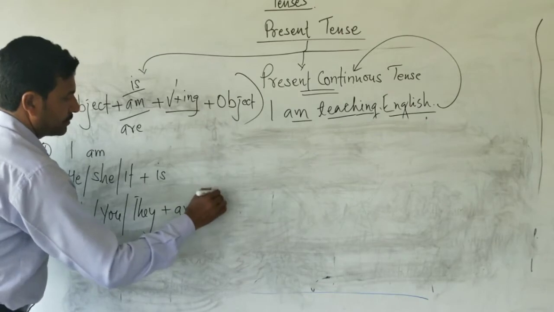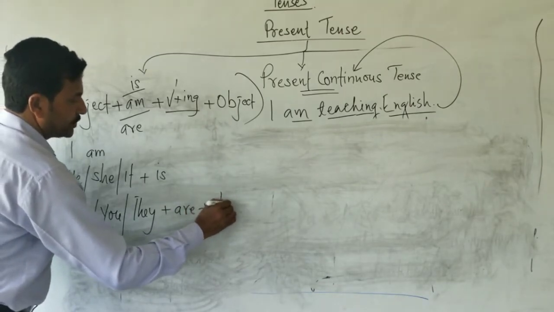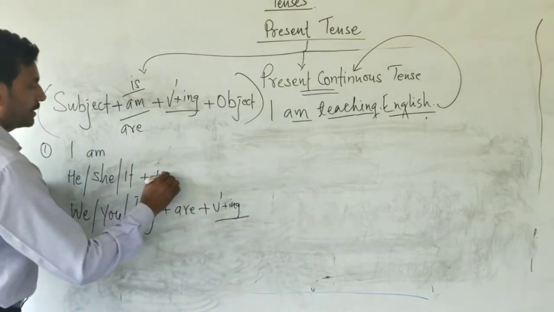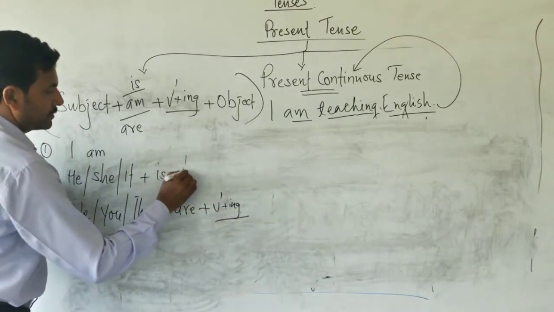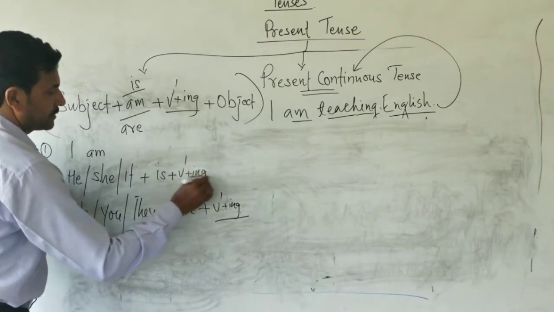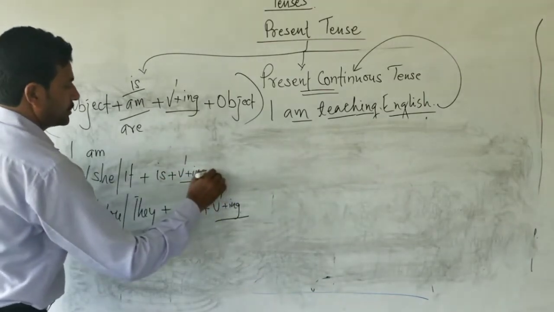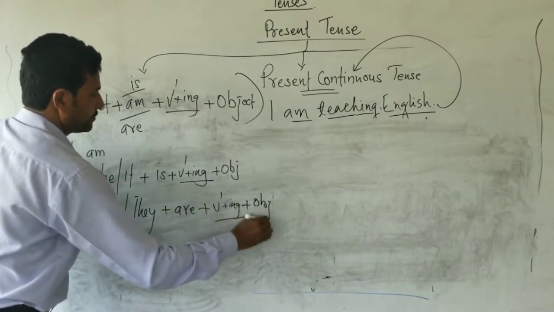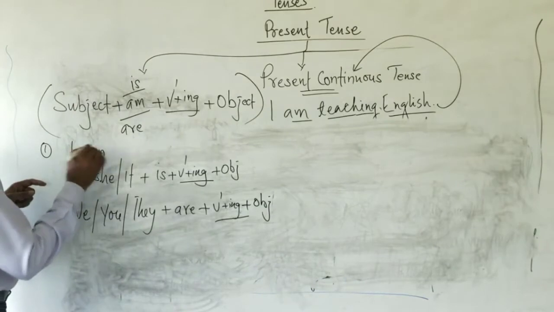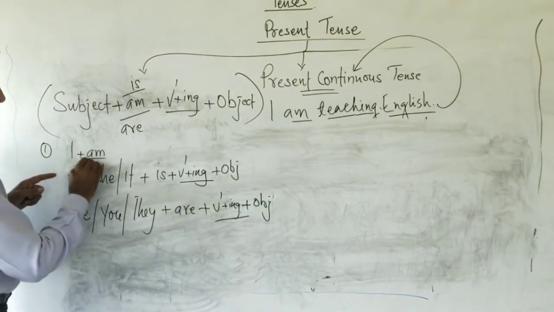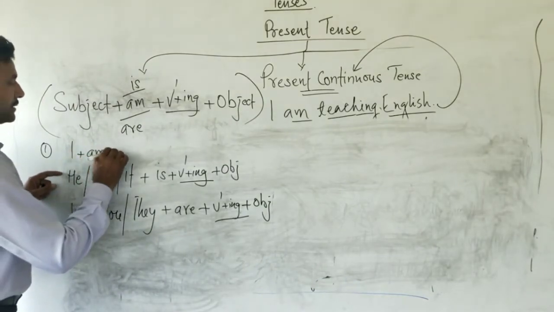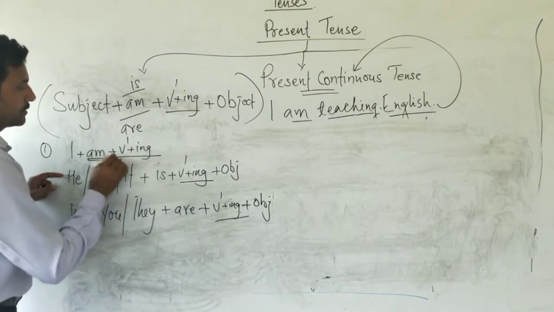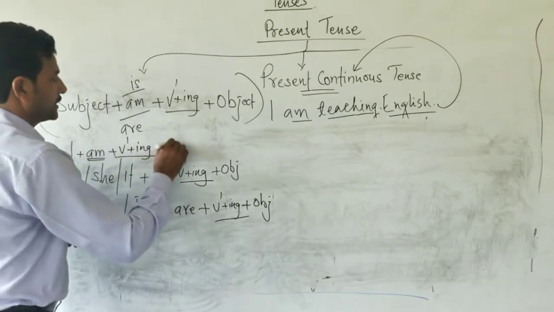Then verb 1 plus ing together plus other words, object. Here you see, after subject you have to use am and then verb 1 plus ing together, and after that object.